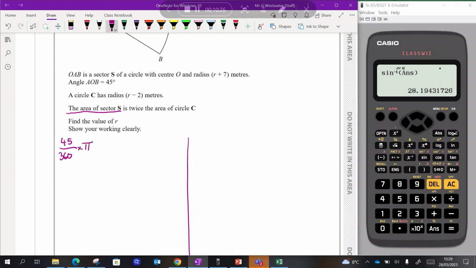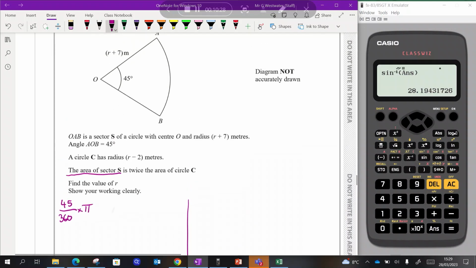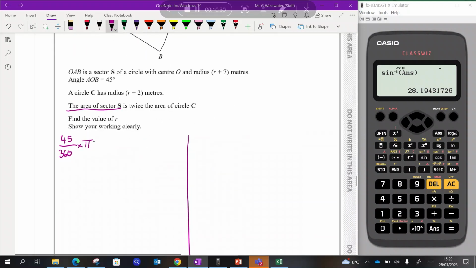So that's pi r squared, and r here is r plus 7. So r plus 7 squared. That's the area of the sector, and we're told that the area of the sector is twice, so 2 times the area of the circle, so 2 times pi r minus 2 squared.